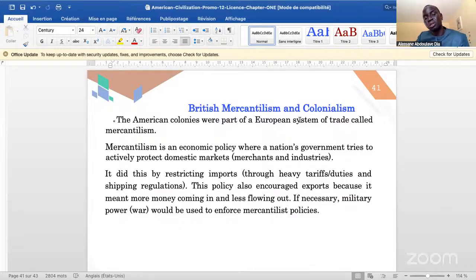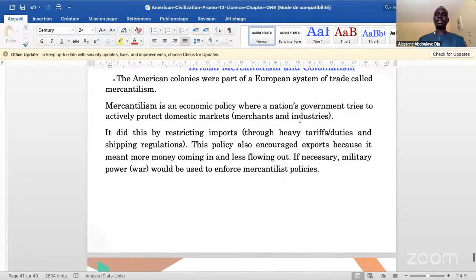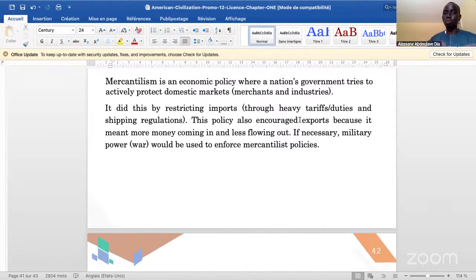Mercantilism is an economic policy where a nation's government tries actively to protect domestic markets, merchants, and industries. So England was a dominating power. England wanted to use its policies, its political strategies to actively protect its domestic market, its merchants and industries. They wanted to protect it and dominate, to monopolize everything.